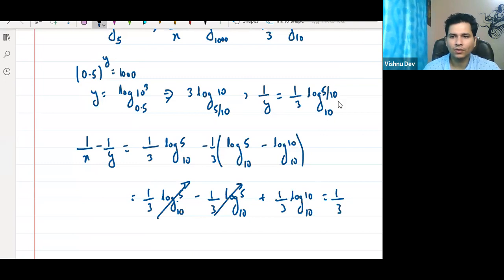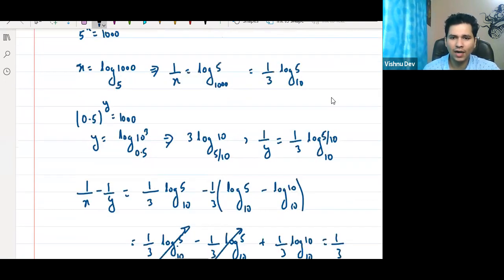So till this point, everyone got how we found 1 by x and 1 by y? Now, according to this problem, 1 by x minus 1 by y is given as 1 by 3.